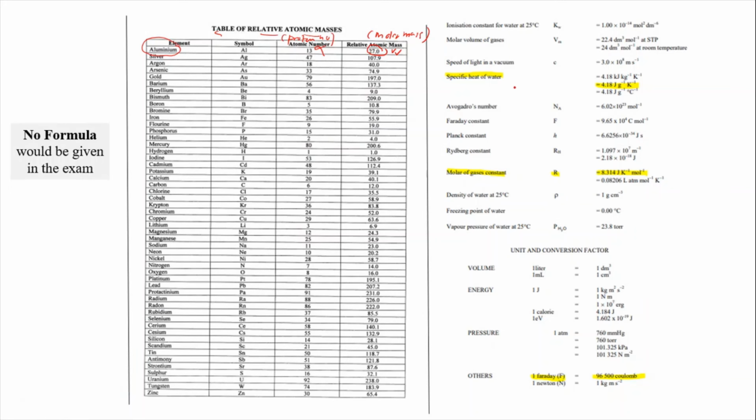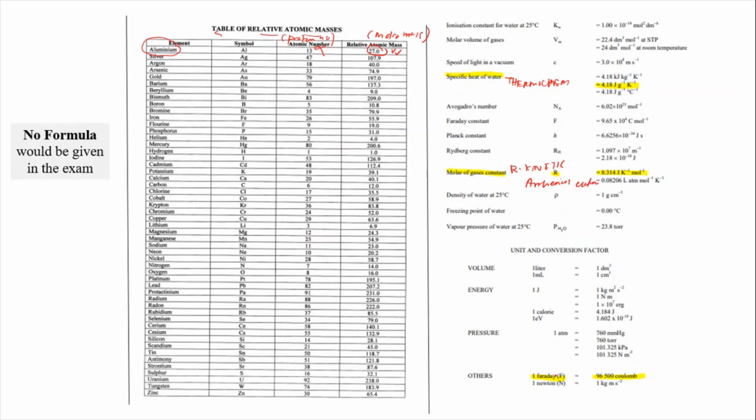The specific heat of water is popular in the chapter of Thermochemistry. The molar gas constant R is popular in chapter 1, which is reaction kinetics, where you will use R specifically in the Arrhenius equation.